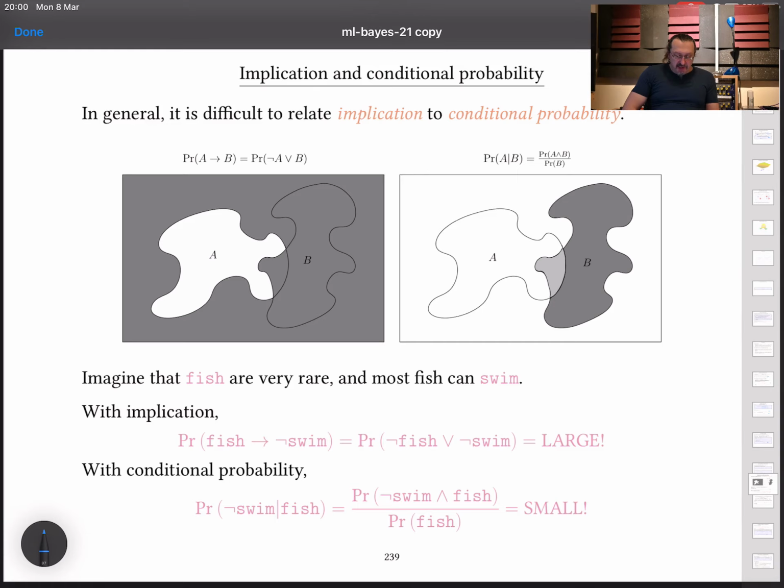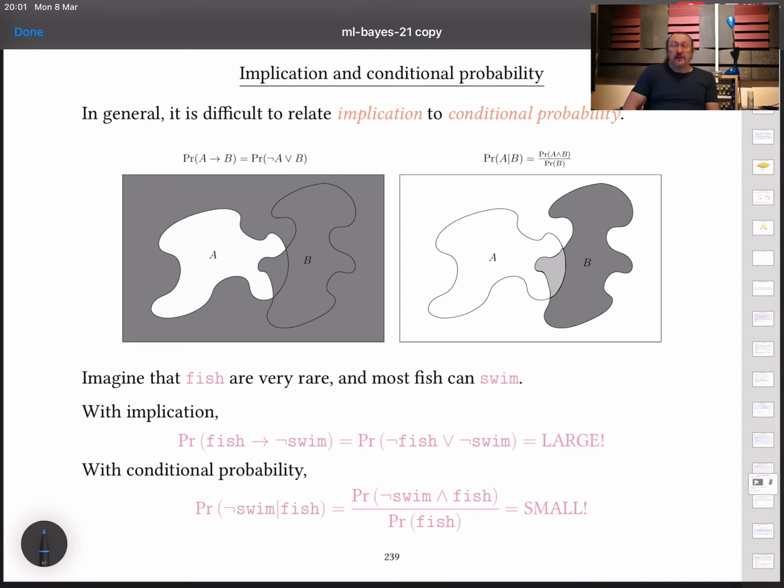On the left, shaded, is the area of probability corresponding to the probability that A implies B. On the right, we know that the probability of A conditional on B is the probability of the conjunction divided by the probability of B. The lightly shaded area on the right is the probability of the conjunction, and the full extent of the shading, the light and the dark, gives us the probability of B. We can see that these are very different things.